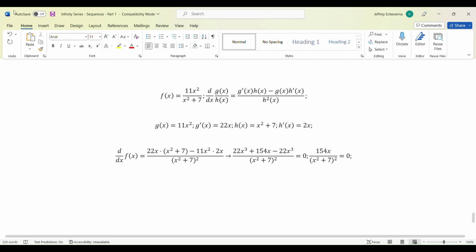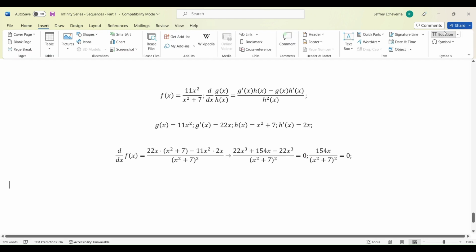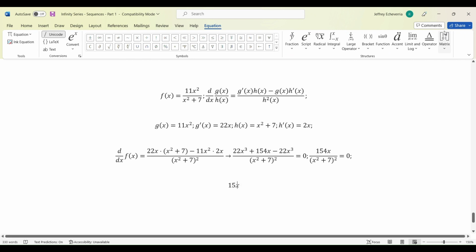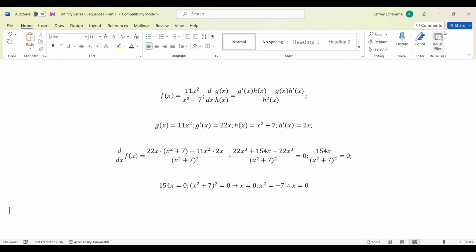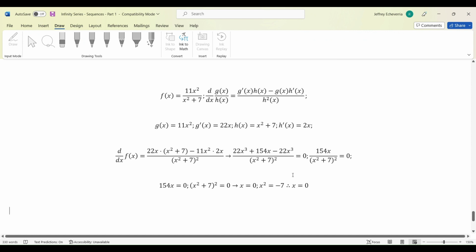So let's do each: 154x equals 0, and x squared plus 7 squared equals 0. So x equals 0 for the first one, and the other one is x squared equals negative 7, but we can't have any imaginary points. Therefore, x equals 0 is the only critical point, which is nice.